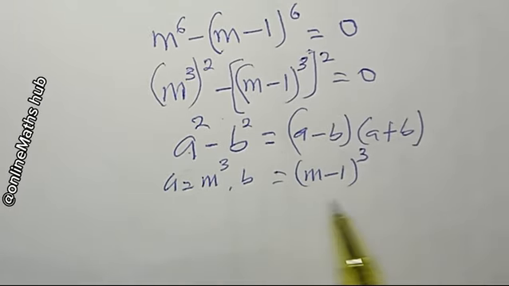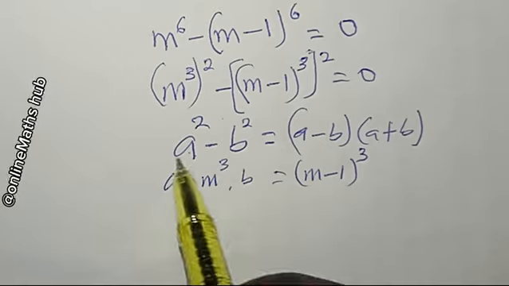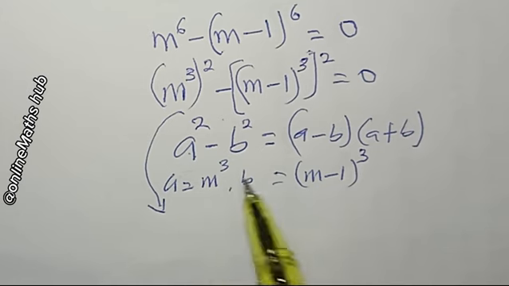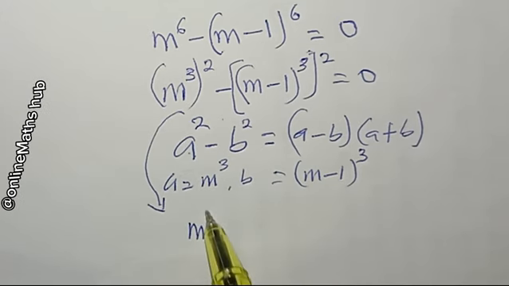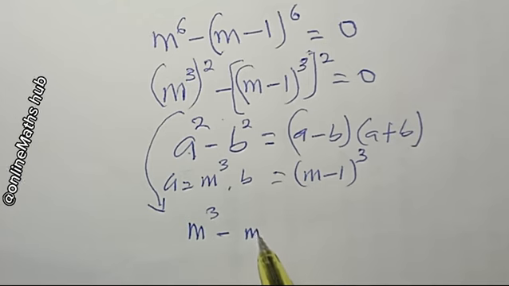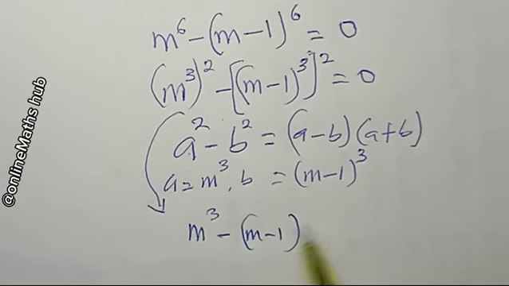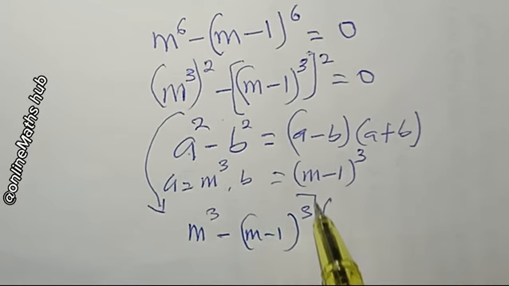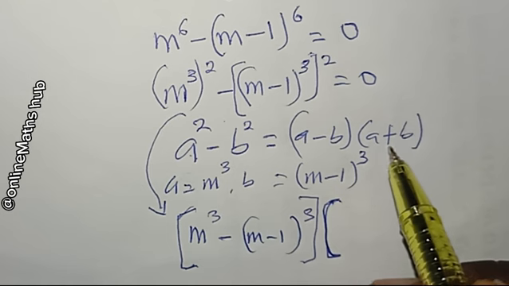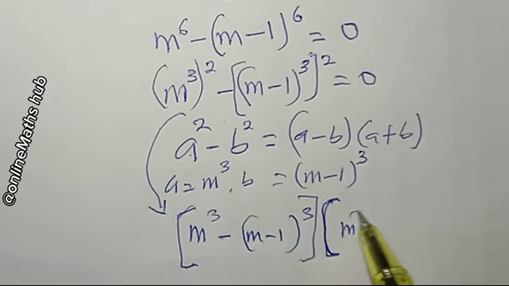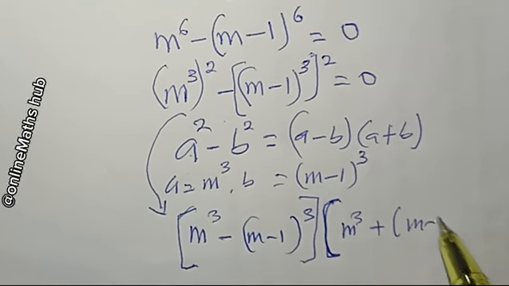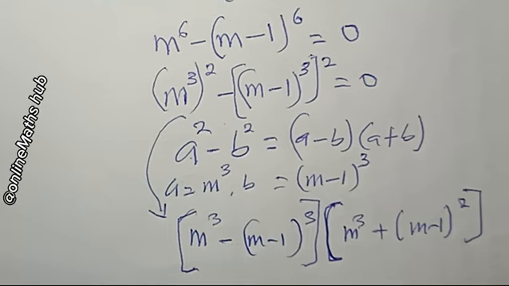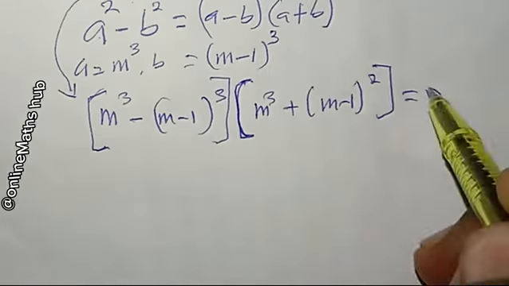Having written that, I can go ahead to expand. a minus b will be m cubed minus (m minus 1) raised to power 3, all multiplied by a plus b, which is m cubed plus (m minus 1) cubed. Of course, it's still equal to 0.